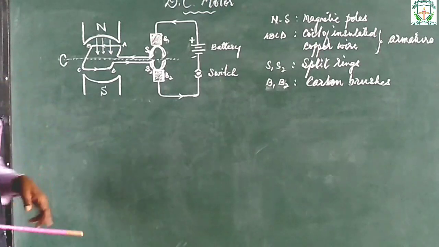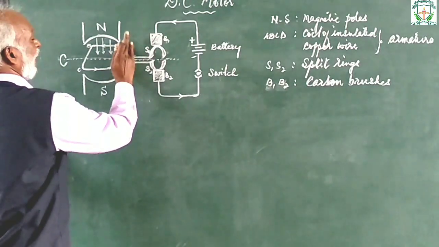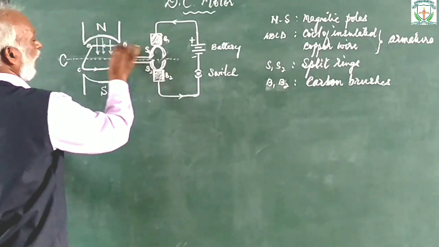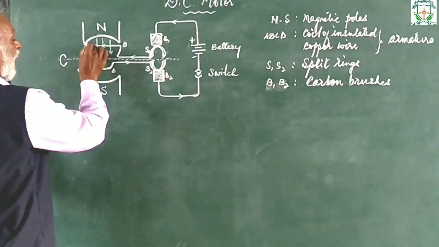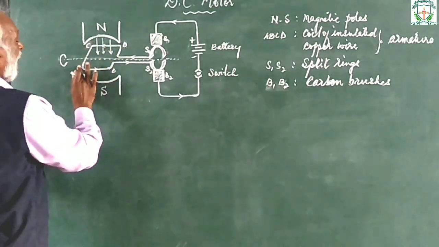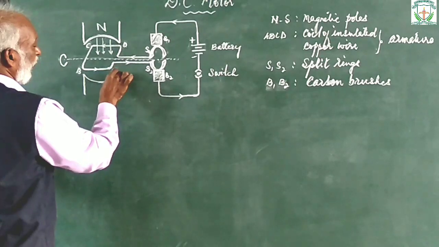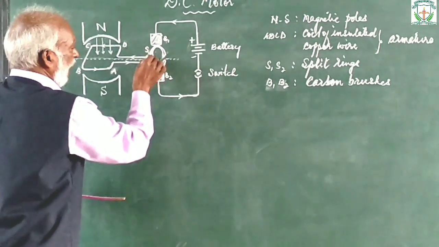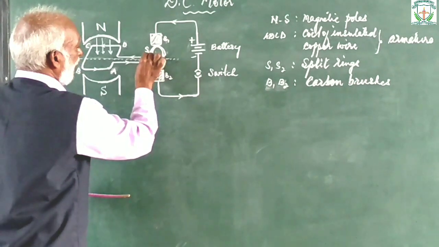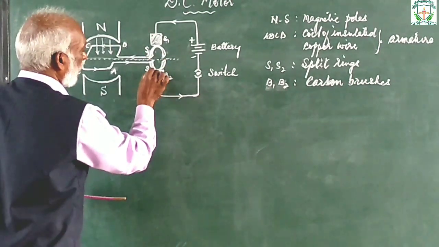At 180 degree rotation, just look here, D comes here, this is C now, DC, BA. S1 becomes S2 and this becomes S1.